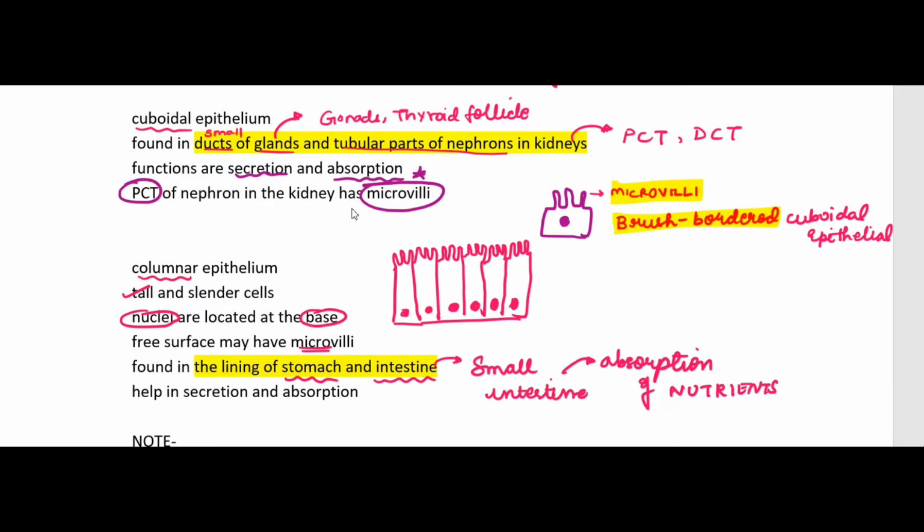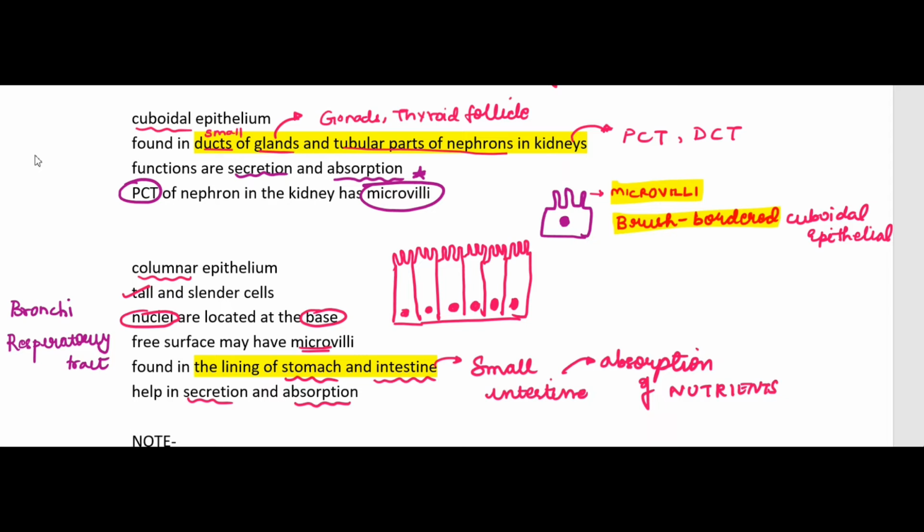It is present in PCT of nephron in the kidney, whereas brush bordered columnar epithelium is present in the small intestine. Understood? Why? To facilitate secretion and absorption. So both cuboidal epithelium and columnar epithelium, their function is to facilitate secretion and absorption.